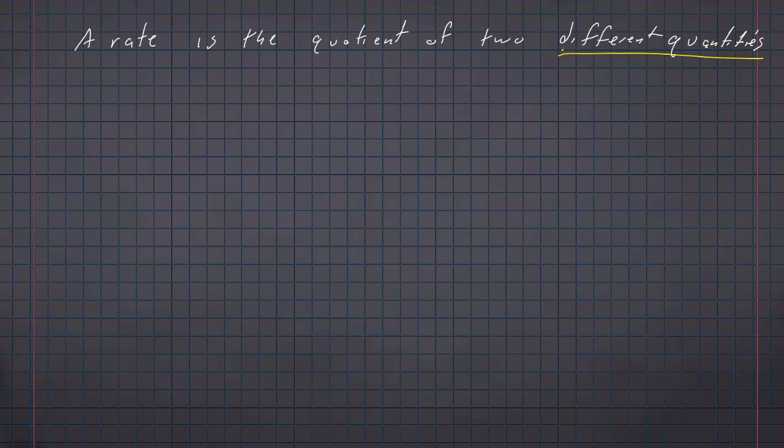When I say rate, or when I say different here, when I'm talking about a rate, what I'm talking about specifically is a situation where I have two different kinds of measurement.